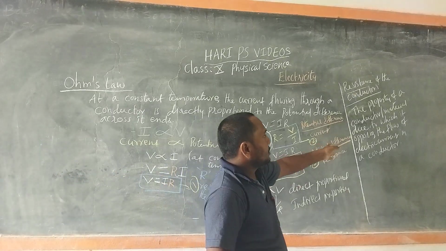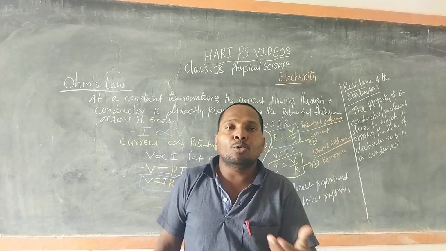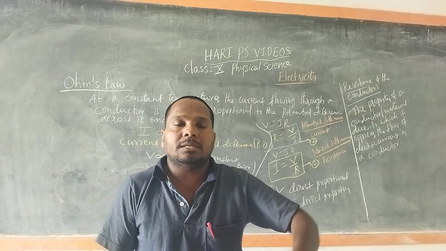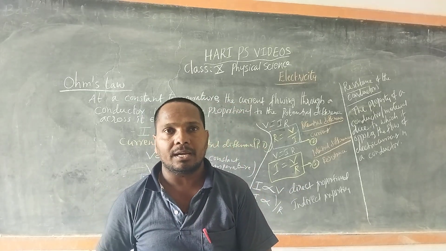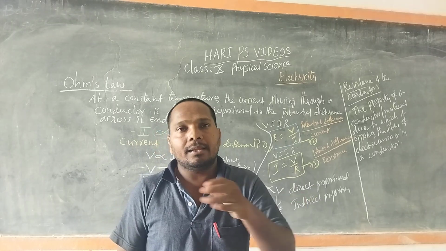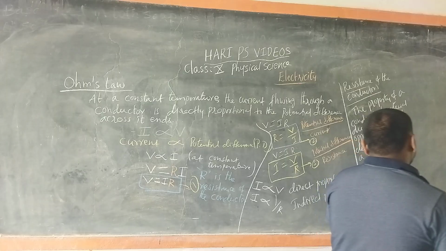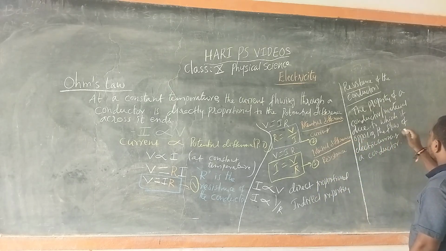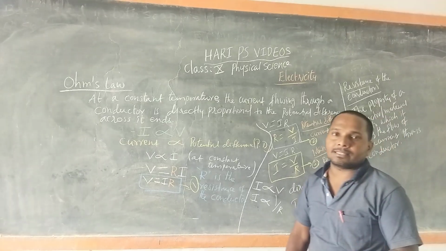So the property of a conductor or a material due to which it opposes or obstructs the flow of electric current through a conductor is called resistance.